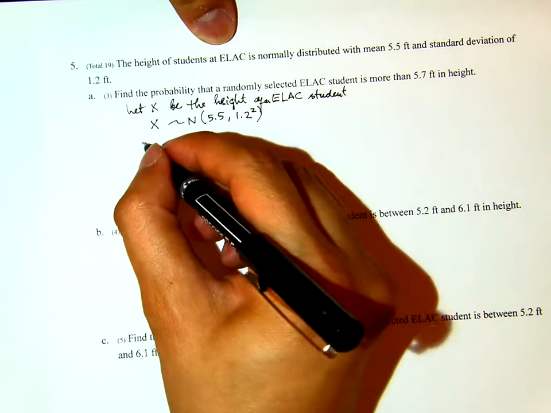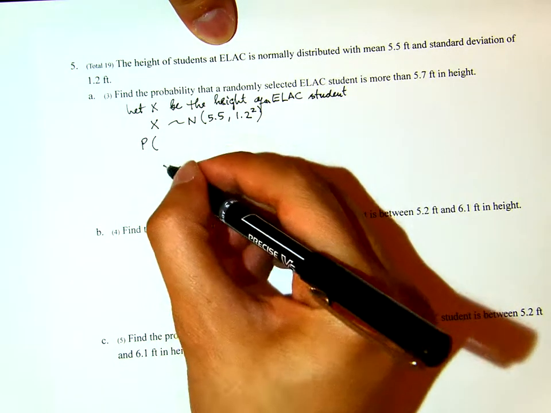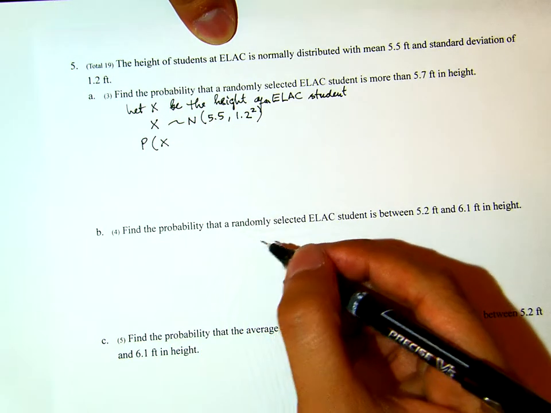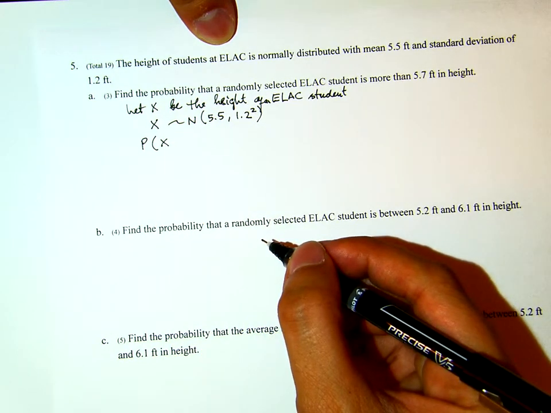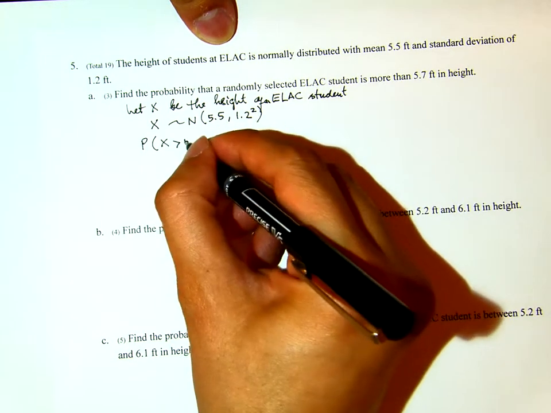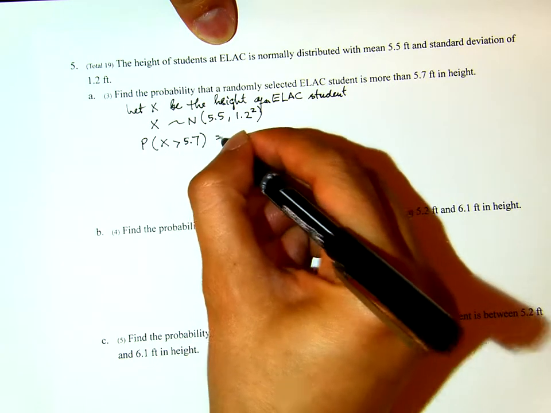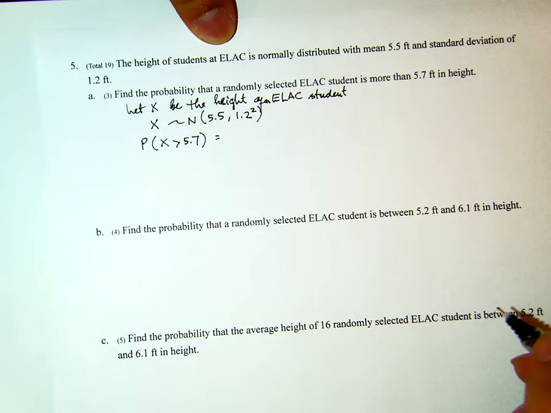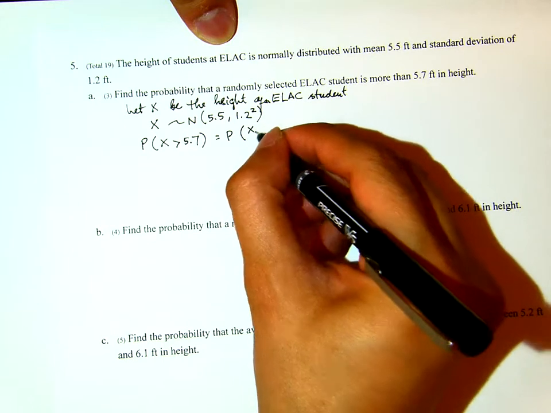Part A: find the probability that a randomly selected ELAC student is more than 5.7 feet in height. First I will standardize that.